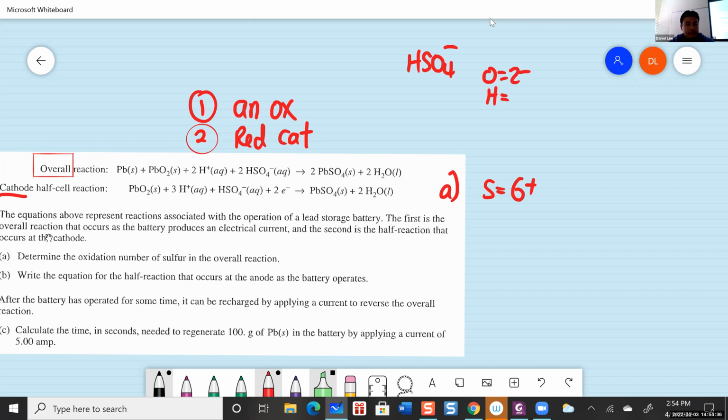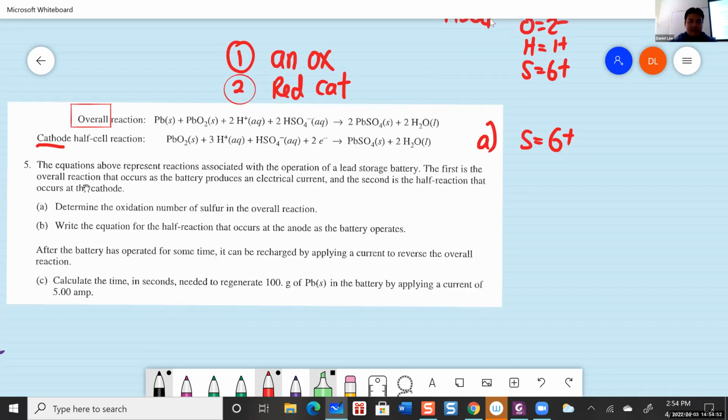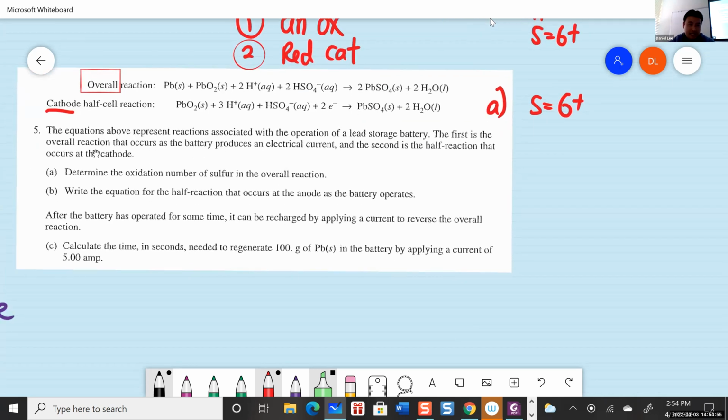So 2 minus times 4 is 8 minus, and hydrogen is 1 plus, so that would be 7 minus. Sulfur is 6 plus, so it adds up to the overall 1 minus charge. Whether you look at before or after, it doesn't matter. Sulfur did not change oxidation state. It remained at 6 plus. So the answer is 6 plus.